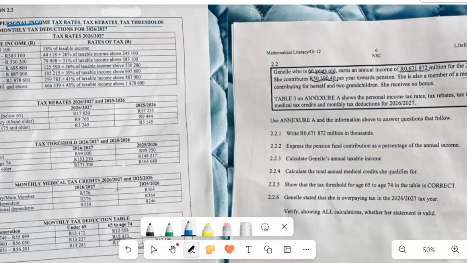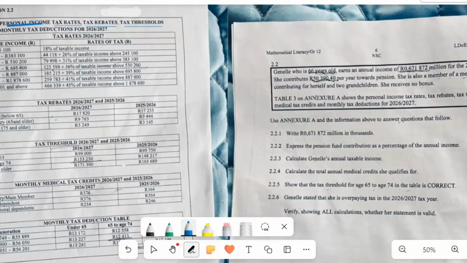Personal income is the money which you are earning. Let's say you are employed at a particular company. They say you are going to earn 10,000 rand, so that's your personal income. And then tax rates.